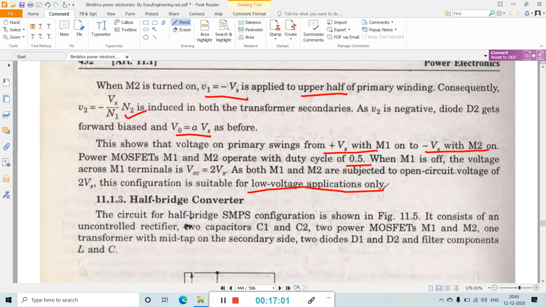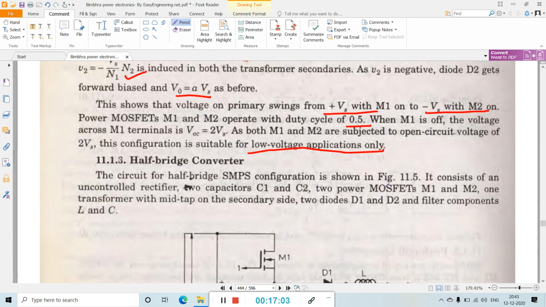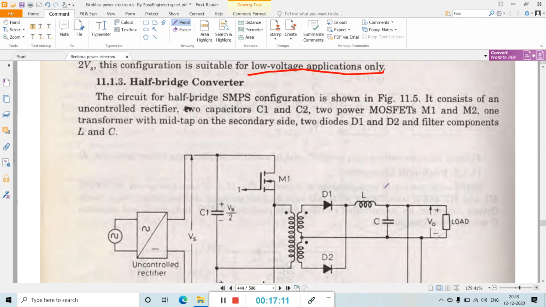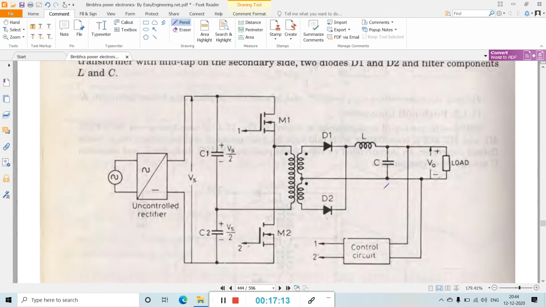Two categories are completed here: one is the flyback converter, another is the push-pull converter, and the next one is the half bridge converter. What happens in the half bridge converter? See the configuration first. Here an uncontrolled rectifier, two capacitors C1 and C2, and two power MOSFETs M1 and M2 are there.